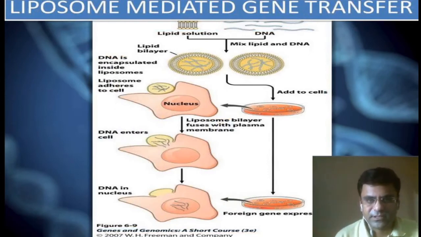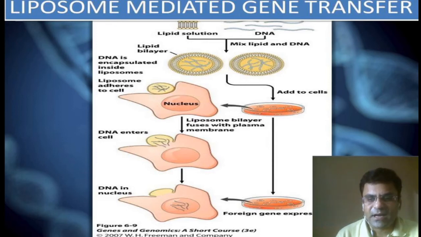Next method we will see is liposome mediated gene transfer. Liposomes are spheres of lipids which can be used to transport molecules into the cell. These are artificial vesicles that can act as a delivery agent for exogenous material including transgenes. They promote transport after fusing with the cell membrane.